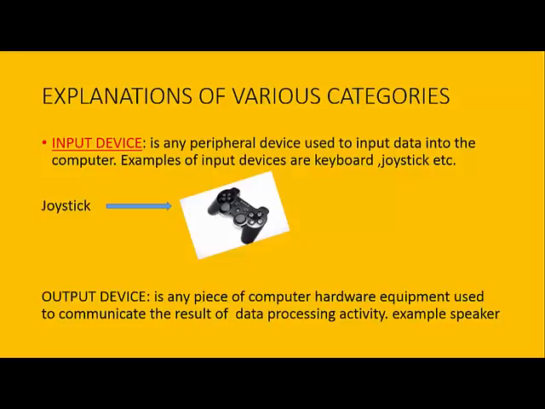Second, under the categories of computer hardware, is the output device. The output device is any piece of computer hardware equipment that is used to communicate the result of a data processing activity. An example is the speaker.